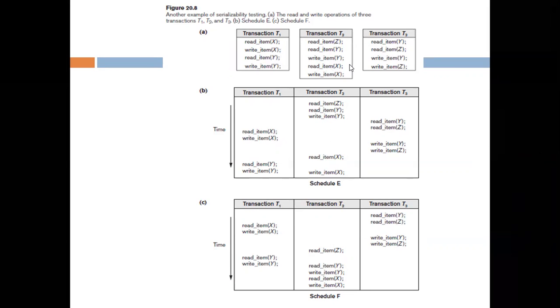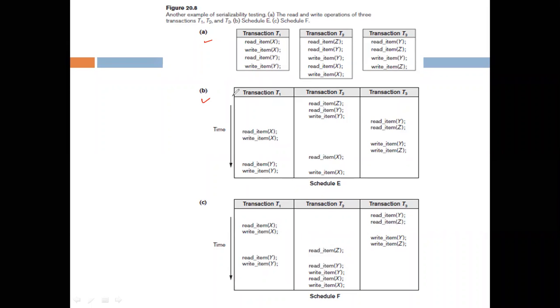Since there are three transactions, first we will write three nodes. So consider this particular example. Here two schedules are given, schedule A and schedule B. They are the same.